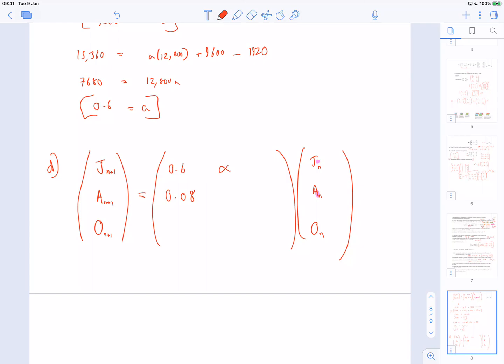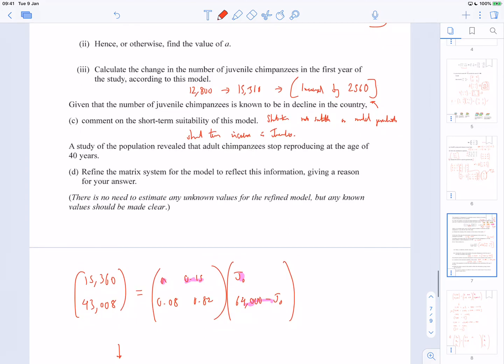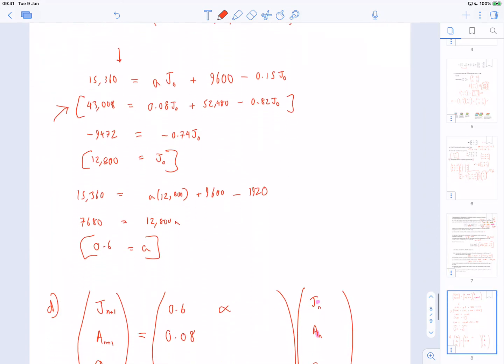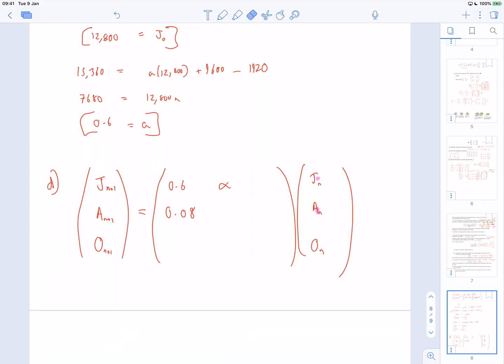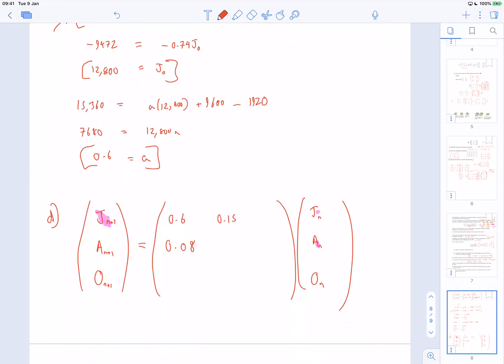Would it not be the same as before? Maybe. Could be 0.15. And then the amount of kids, this times this, well, since the old chimpanzees don't contribute, this has to be a 0. I think that's that row done.